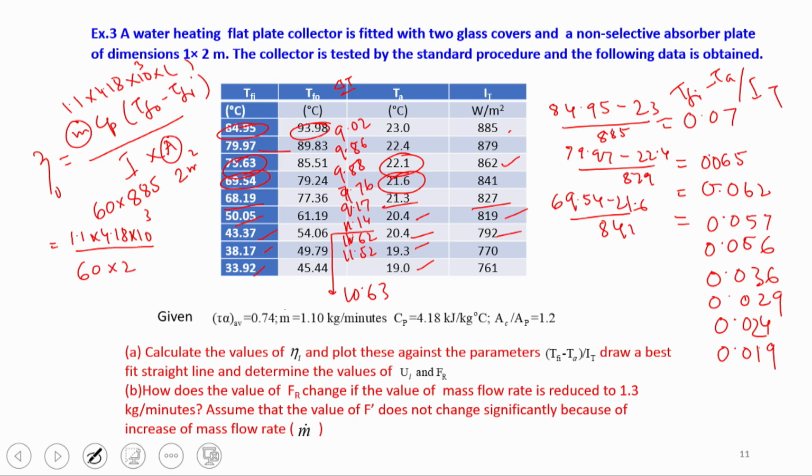So this part will be fixed and delta T will vary. This T F O minus T F I by I will be the variable. 60 is for the minutes, so 1.1 divided by 60.